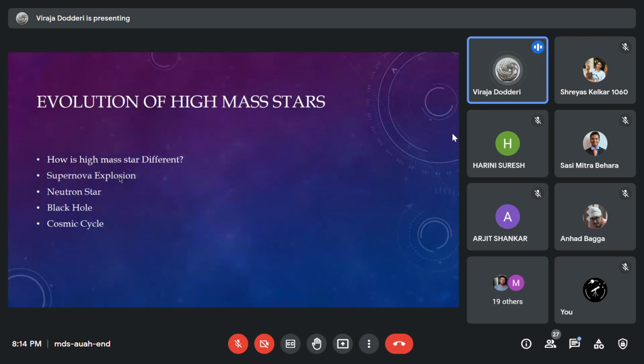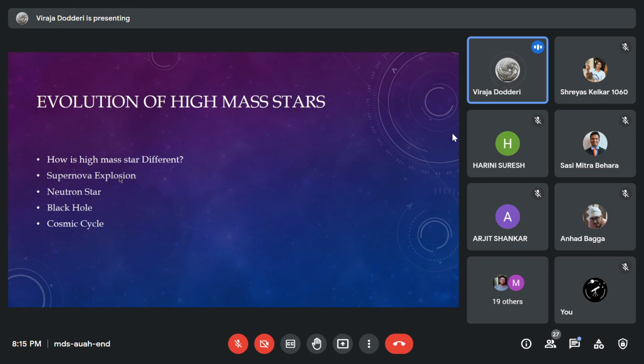And now this is the evolution of heavy mass stars. We need to see how the heavy mass stars are different from low mass stars and moderately massed stars. These stars go till carbon burning before they even reach the core degeneracy.